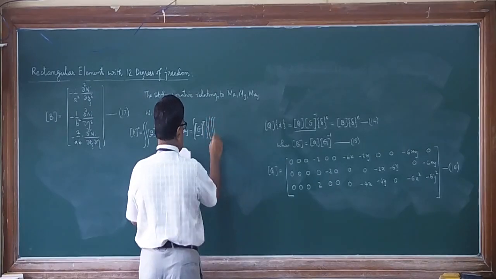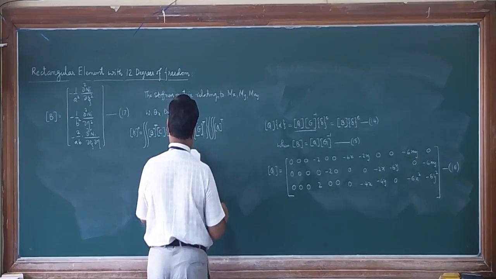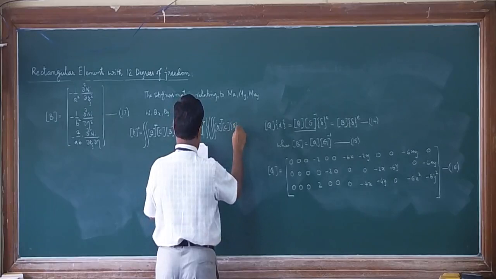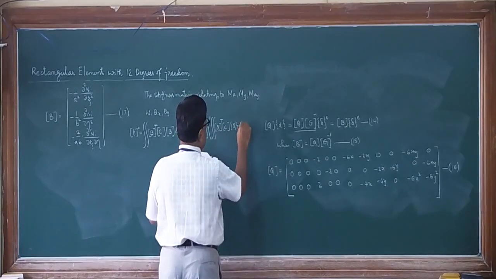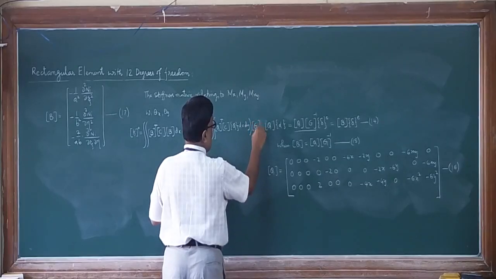Here you can write Q transpose CQ dx dy into bracket G inverse.